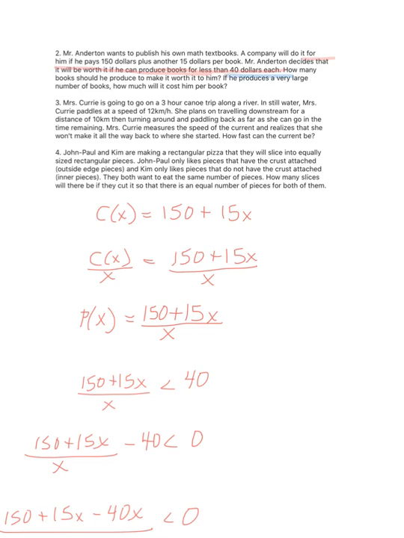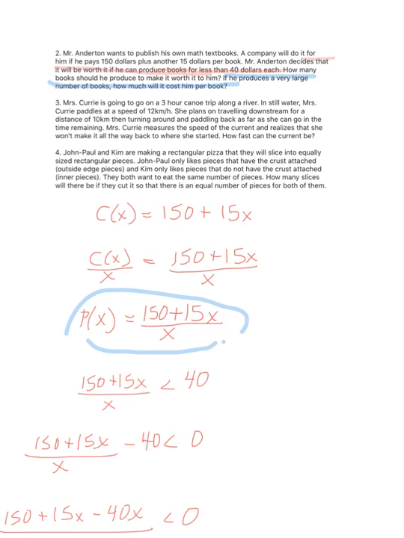Now the second part of that question says, if he produces a very large number of books, how much will it cost him per book? So now we have to go back to the P of x function. Now we're not saying we want it to be less than 40. We're just saying, how much will it be as this gets large?